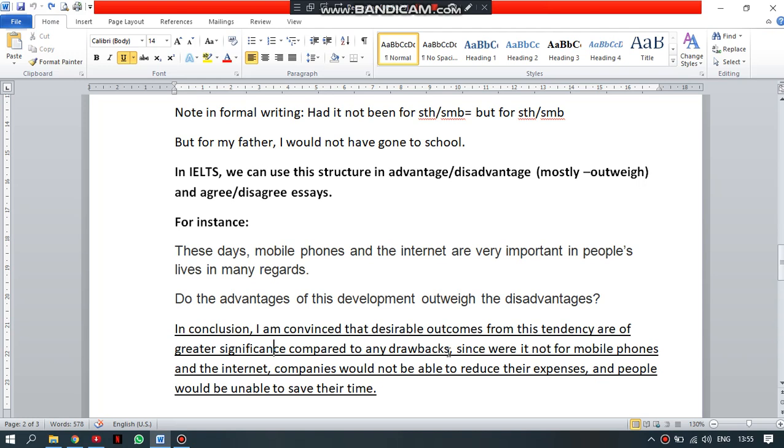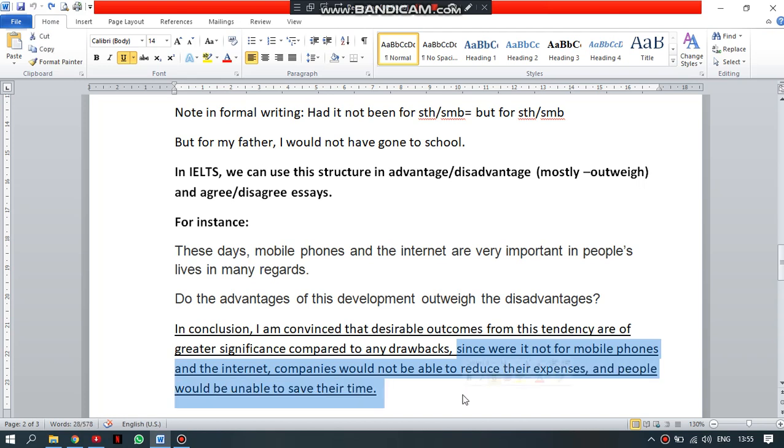And then I have given my reason, or I have shown what those advantages are by using the type 2 structure. "Were it not for mobile phones and the internet, companies would not be able to reduce the expenses and people would be unable to save their time."